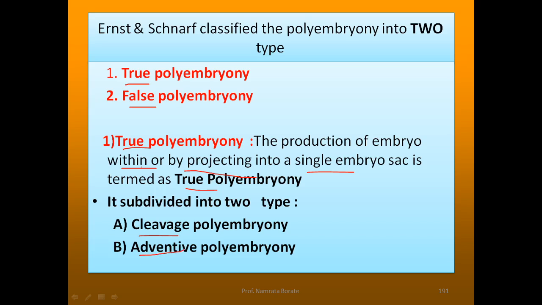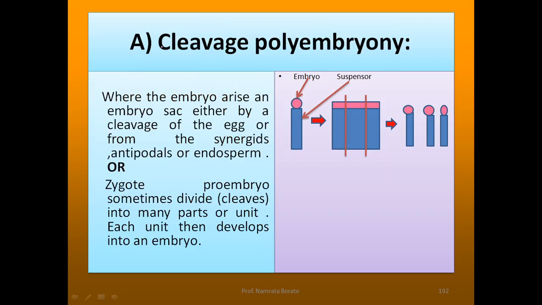In the first type, cleavage polyembryony, the embryo arises in the embryo sac by cleavage. Cleavage means division of the egg from the synergids, antipodal cells or the endosperm.